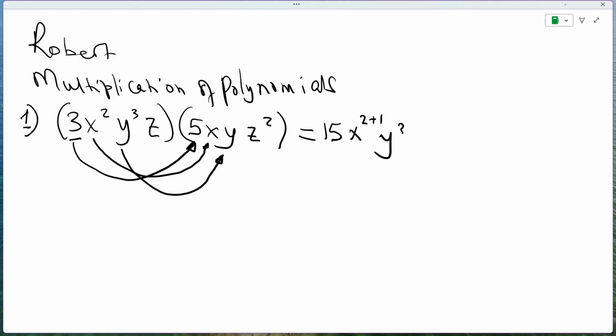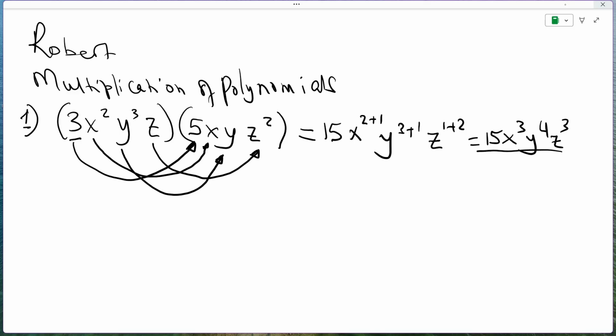So this will be y to the power 3 plus 1. And lastly, we have z being multiplied by z squared. It will give us z to the power 1 plus 2. And eventually we get our final answer as 15, x to the power 3, y to the power 4, and z to the power 3. That will be our final answer.